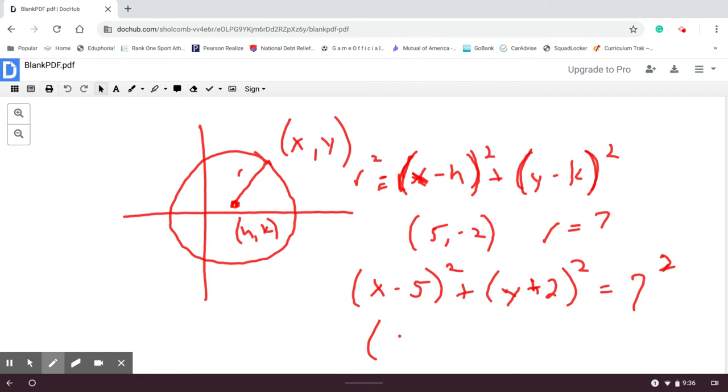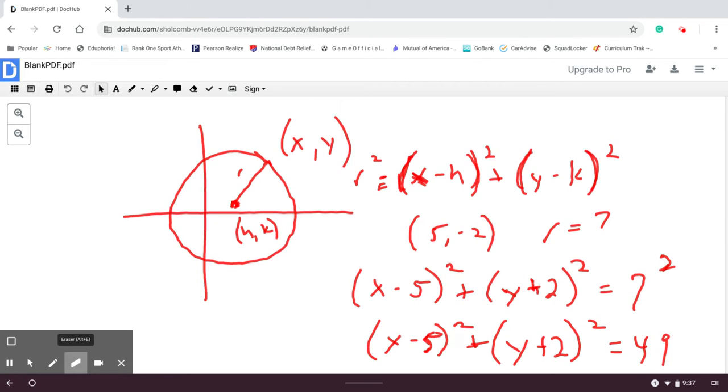Simplified, you end up getting (x minus 5) squared plus (y plus 2) squared equals 49. And that's the easiest way of writing the equation of a circle.